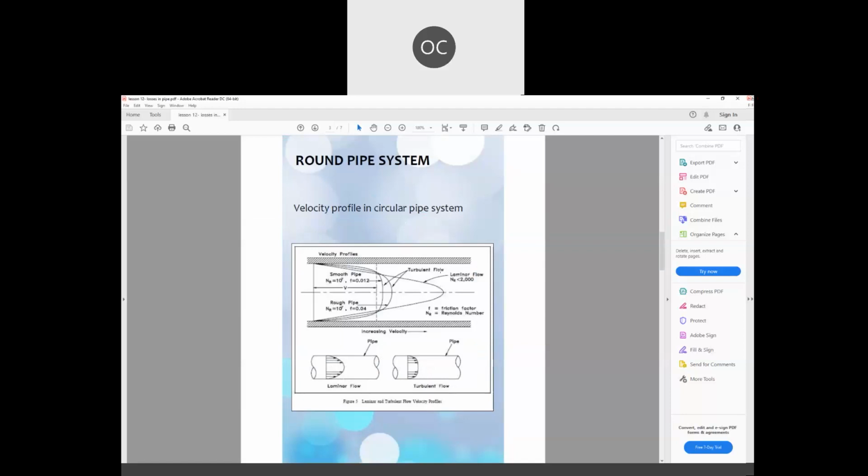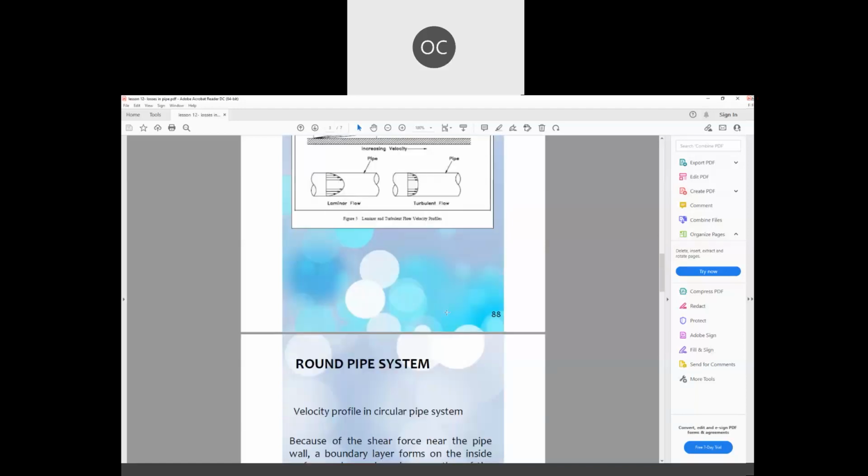If you have a laminar flow, which is a smooth flow, you will learn about it later in your practical task. Then you have a turbulent flow, in a spiral form. For a rough pipe and a smooth pipe, that will be the velocity profile. The left-hand side denotes the laminar flow, and then you have the turbulent flow here.